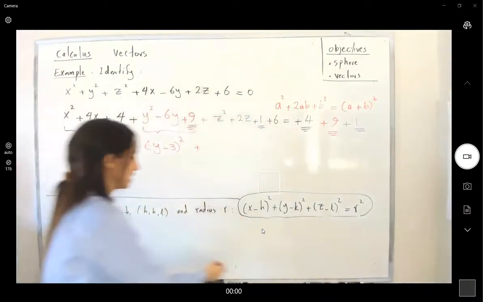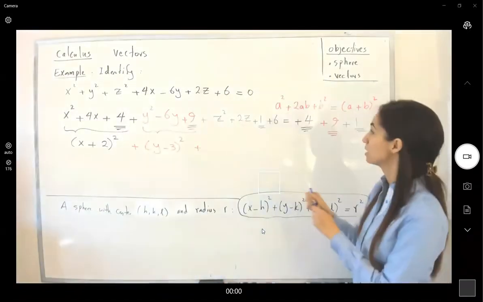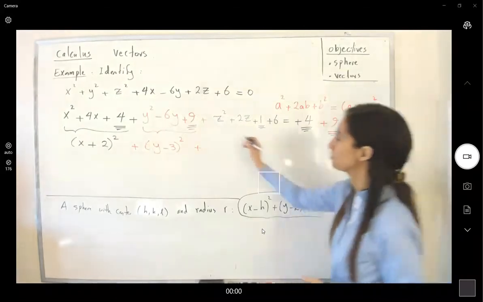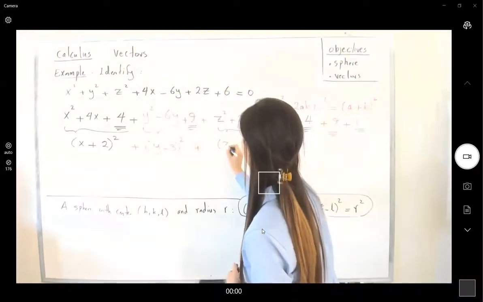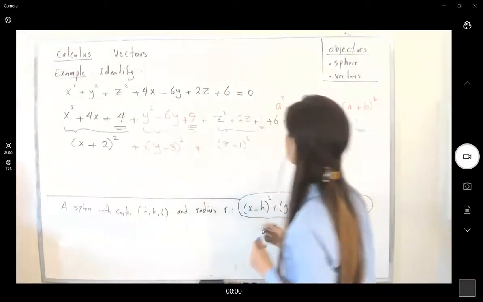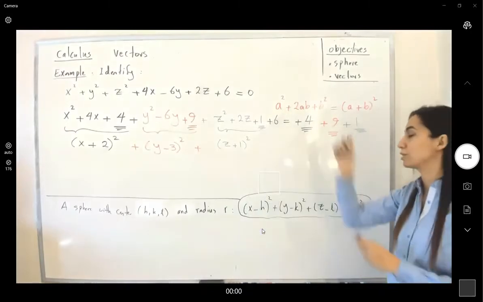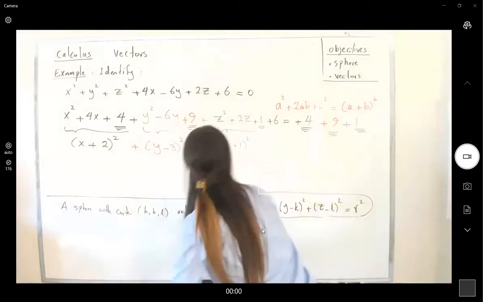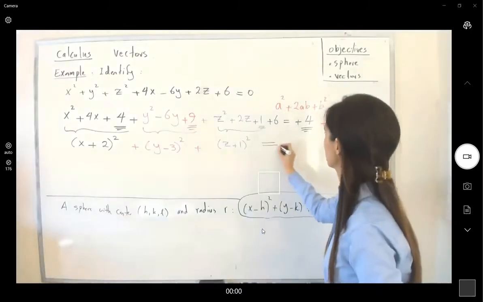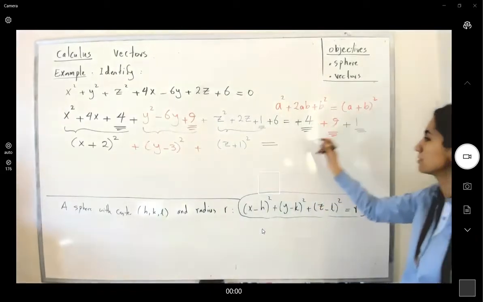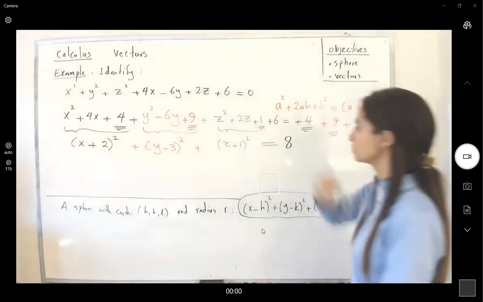We group these three terms together to write it in nice compact form: z plus 1 squared, and we can bring the constant to the other side, equal to 4 plus 3 plus 1, which is equal to 8.